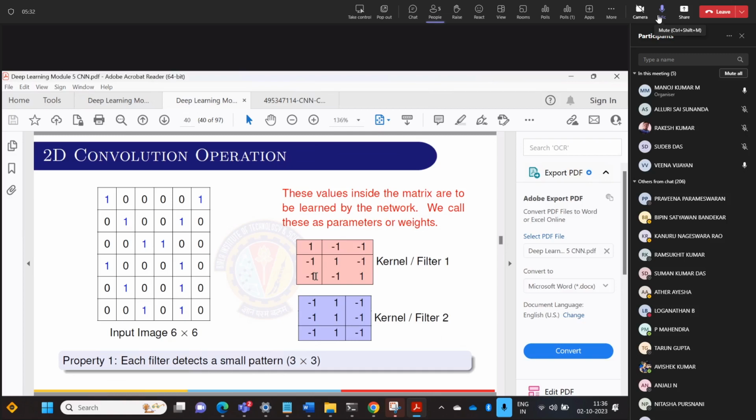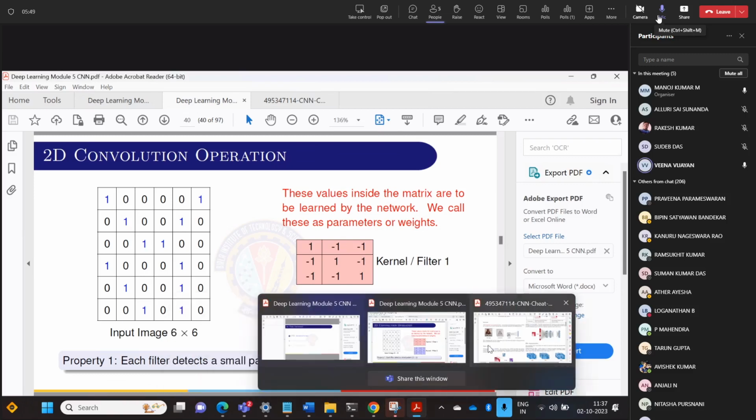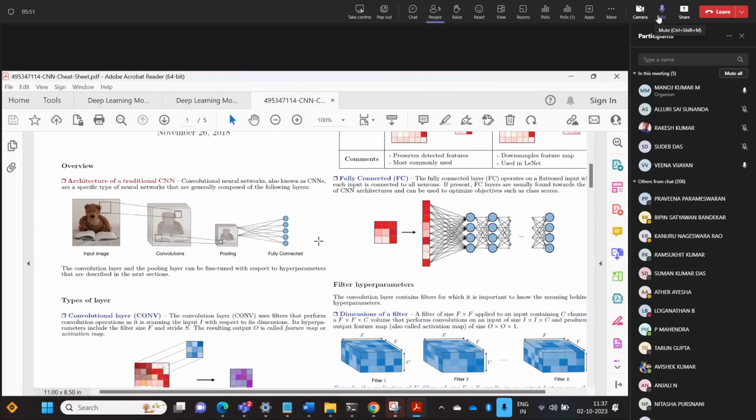Okay. Filters, right. Then there is something max pooling also, right? That is the next layer. The first will be the convolution. Let me go back to this one. So you will have the input image, then the convolution, then pooling, then you will have the fully connected layer.